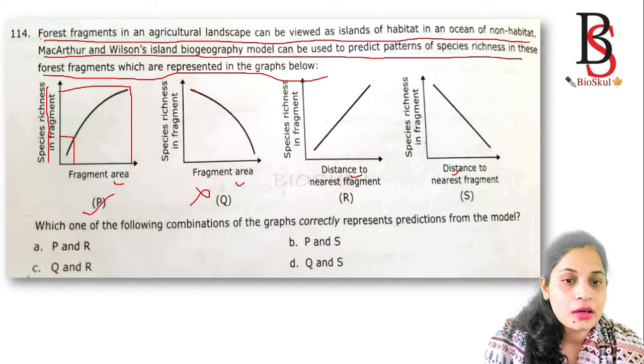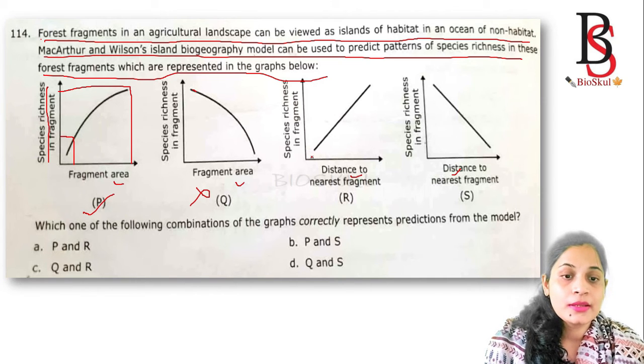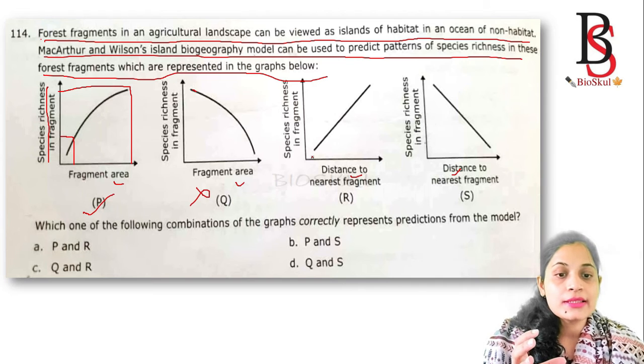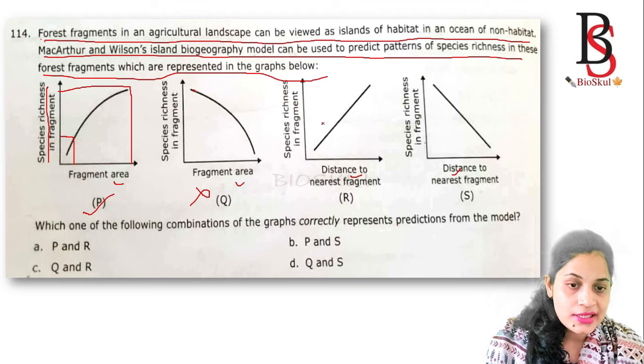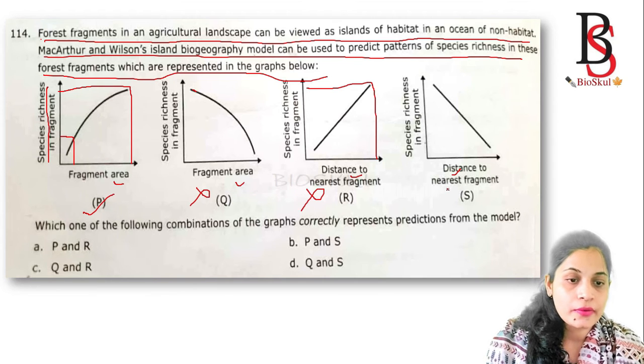Okay, let's see R. Distance to nearest fragment: if the distance increases, the species richness should decrease. But here, as the distance increases, the species richness also increases, so that is wrong.